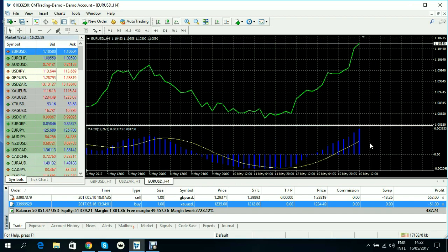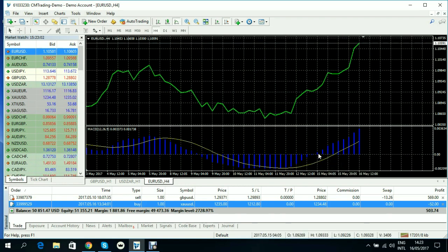For a buy trend, the bars will have to cross above the zero, like here.